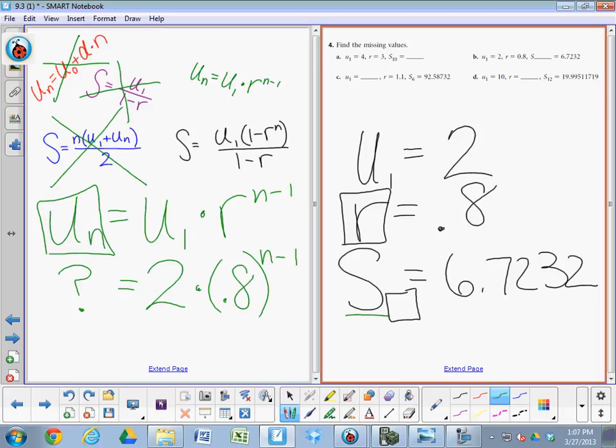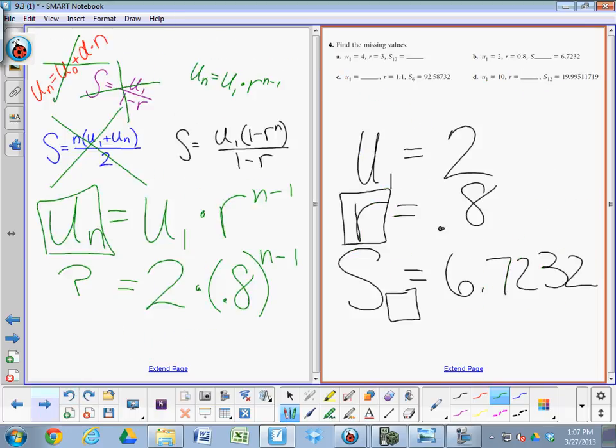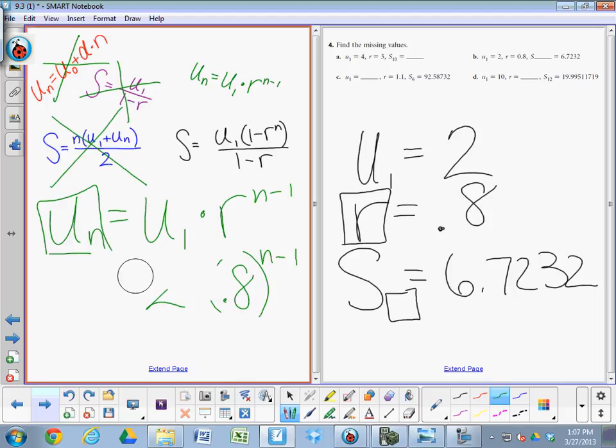What we need to do here is figure out this. What are they giving us? What are they telling us? They're telling you what the sum is. So we're not going to use the green formula.